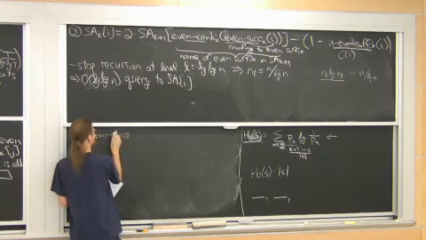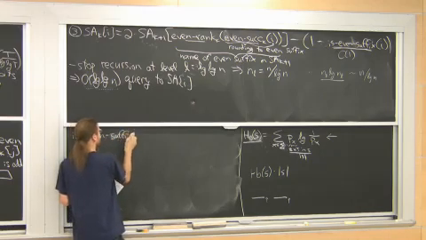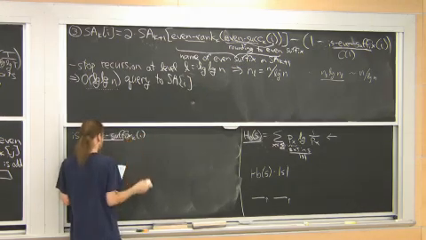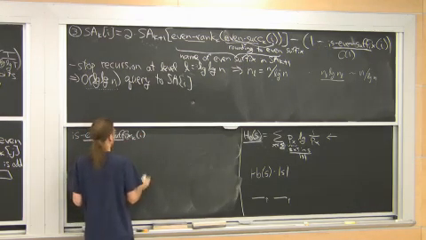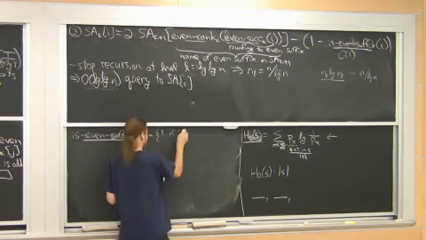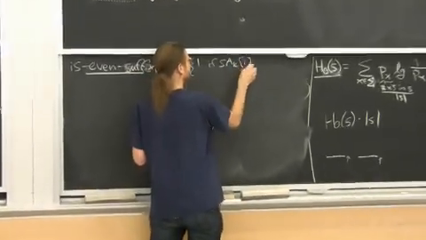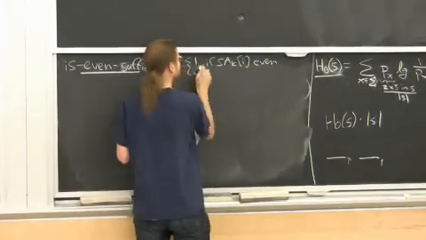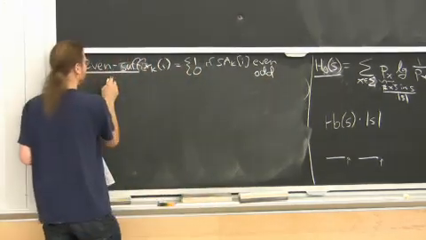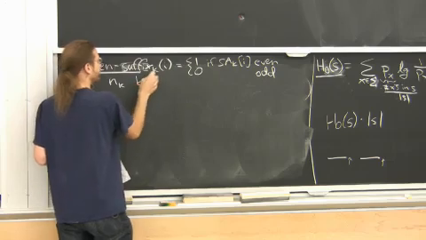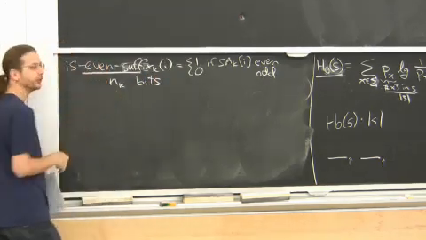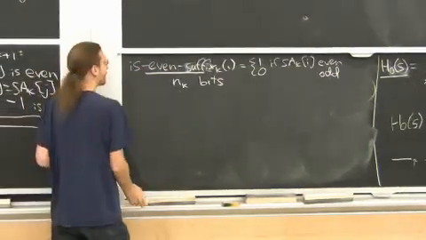Is-even-suffix we're just going to store as a bit vector. This is 1 if, say, k is even, 0 if it's odd. So if we just store that as a bit vector, this is n_k bits. That we can afford, because this is a geometric series. It's going to be order n.